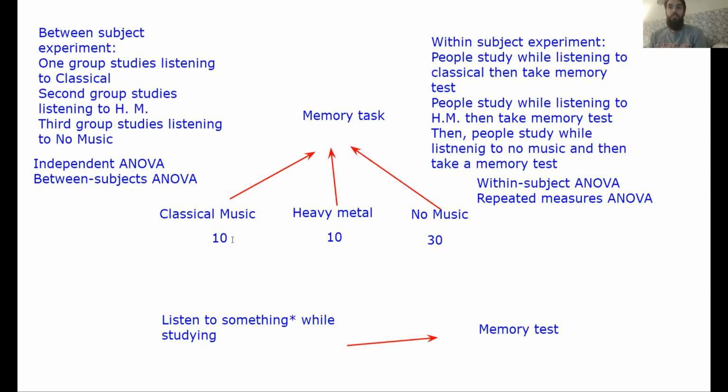Now, the null hypothesis is that all these means are the same, but the alternative hypothesis is that not all the means are the same, which is not the same. I need to clear some stuff.